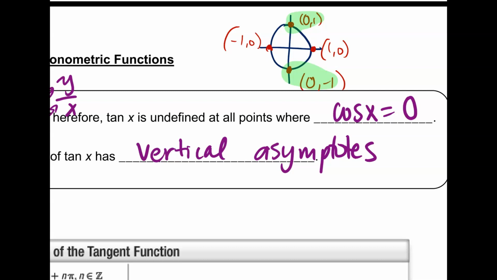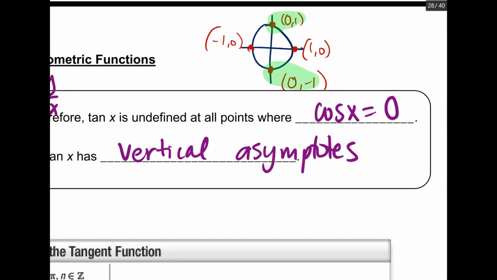Before we even look at the graph, I want to make sure we know what we're doing. So here's negative pi over 2, here's pi over 2, and I know I'm going to have vertical asymptotes here, because this is where cosine is equal to 0. Remember, negative pi over 2 is the same thing as 3 pi over 2. I know it's 0 at 0 degrees.